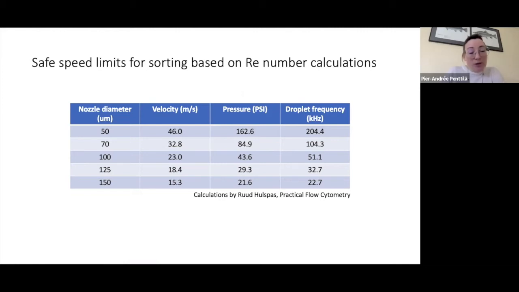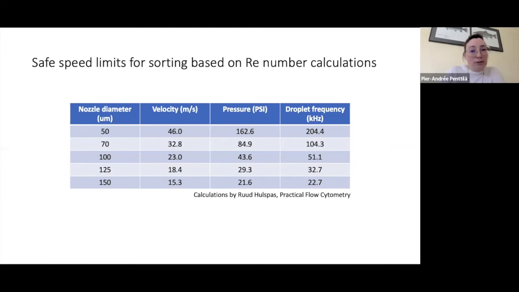And these are calculations thanks to Ruud Hulspas, which is in Shapiro's practical flow cytometry. So you can see at a typical nozzle diameter that we use for cell sorting at 70 microns, you can have a safe fluid velocity to minimize any turbulent flow at about 32.8 meters per second.